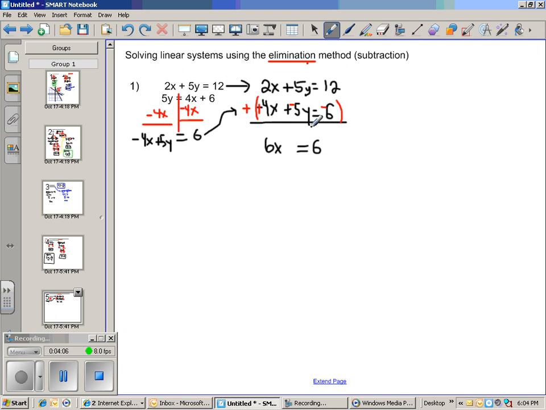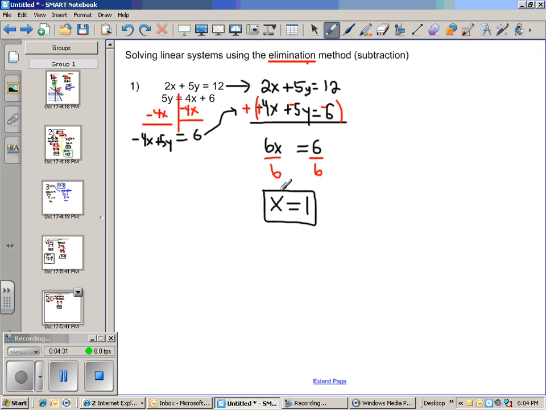And now we're left with a one-step algebra problem. Once you have that one-step algebra problem, go ahead and solve for x. And the 6's will reduce down to x. 6 over 6 reduces down to 1.